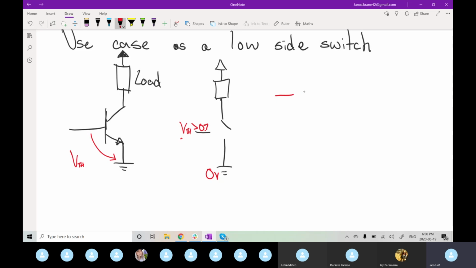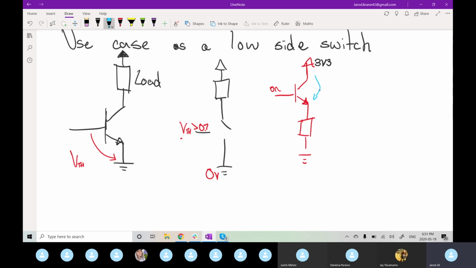So if we were to see it as a high side, when we switch it on, because of the internal voltage drop that's created in a transistor, let's say we have 3v3.